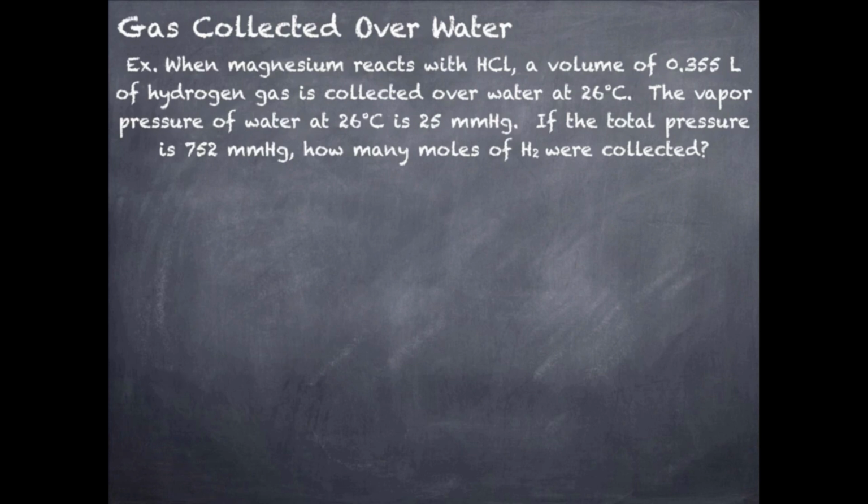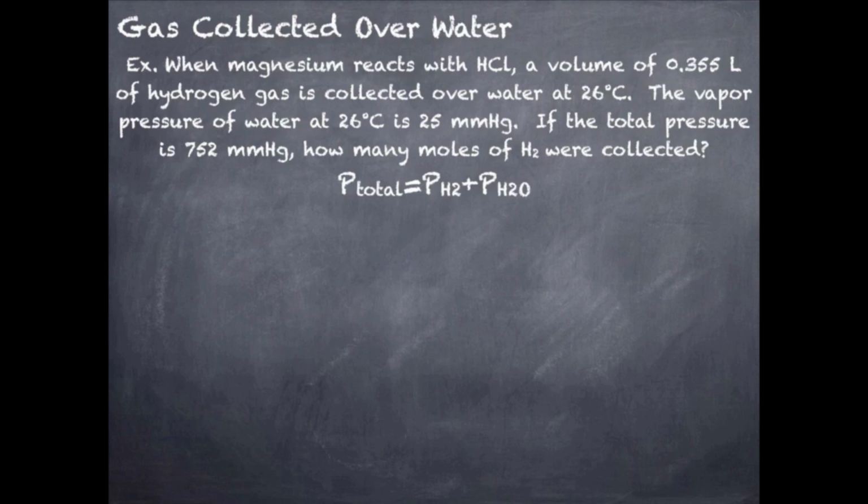Okay, so imagine what you're doing is you're allowing this reaction to occur. The gas is being produced right over water, simply sometimes for safety purposes or whatever it may be. The only issue with collecting it over water is the fact that water itself is going to have a pressure. Well, that's not really an issue because based on Dalton's law of partial pressures, I know that the total pressure equals the partial pressure of the hydrogen gas plus the partial pressure of water.